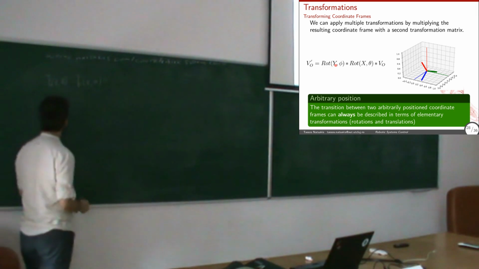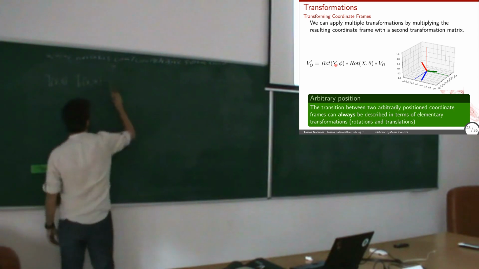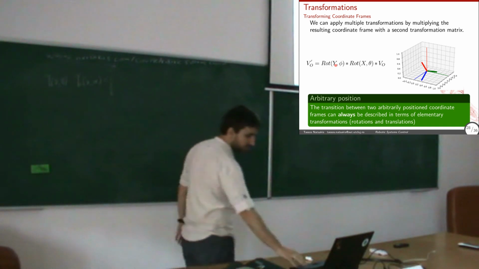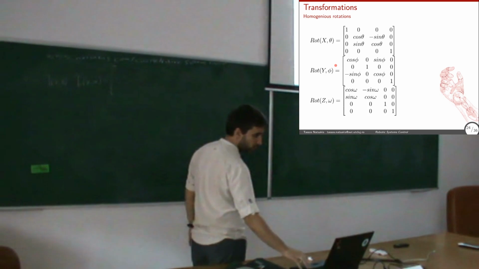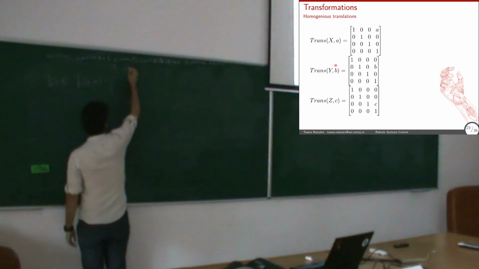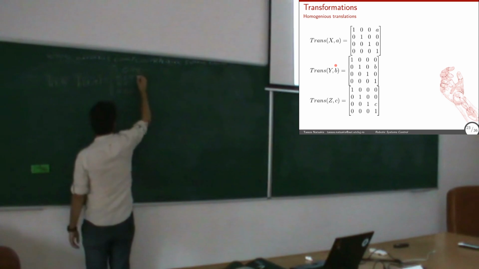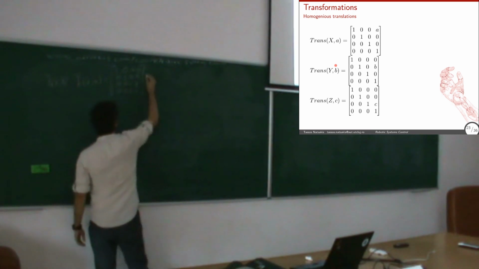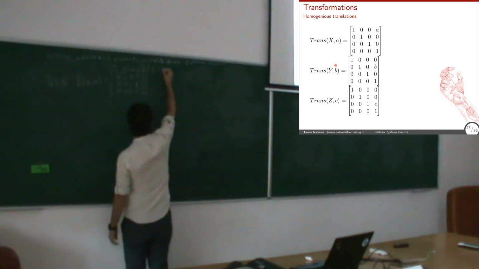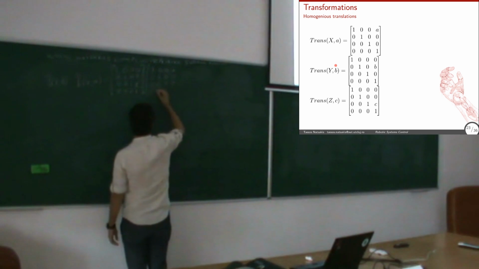Okay. So what form does this one have? You remember? Translation on z by beta will be basically this thing on z, and on x will be this thing. Okay?